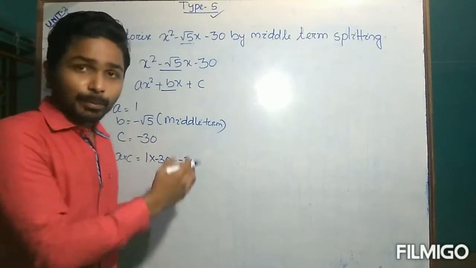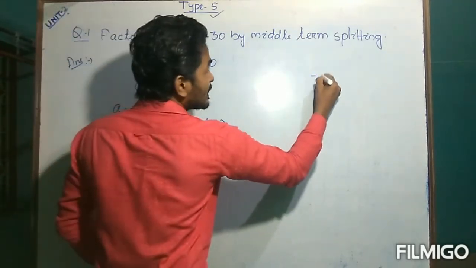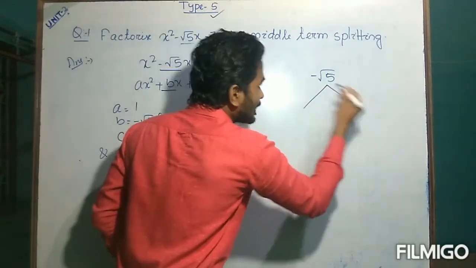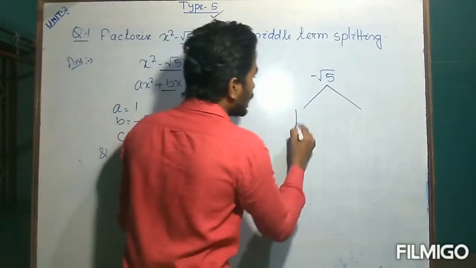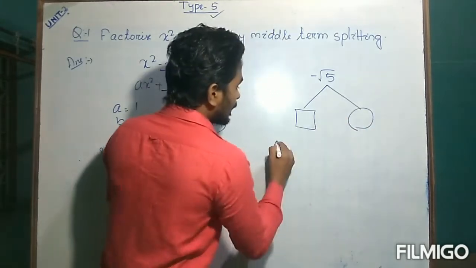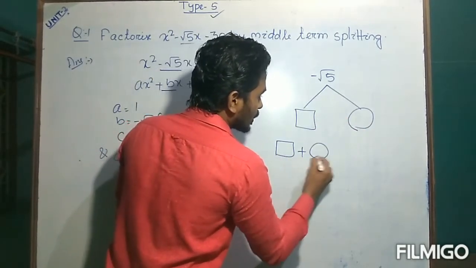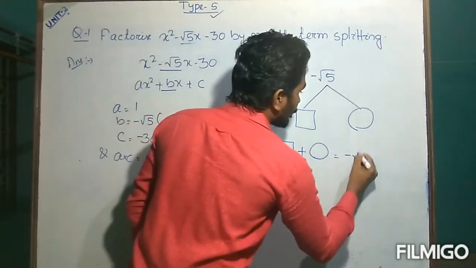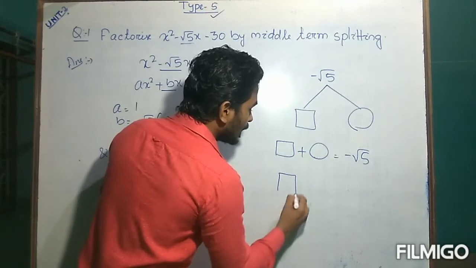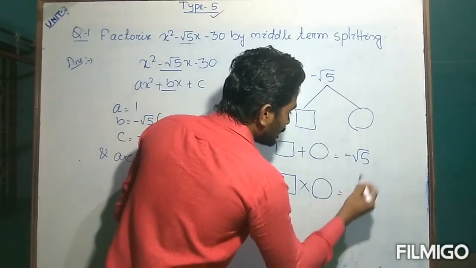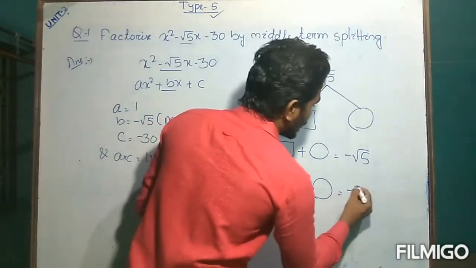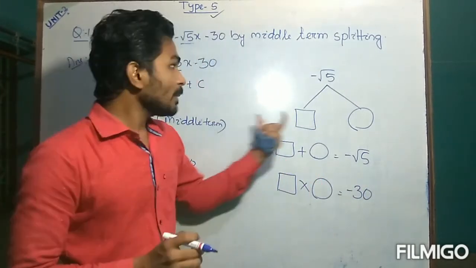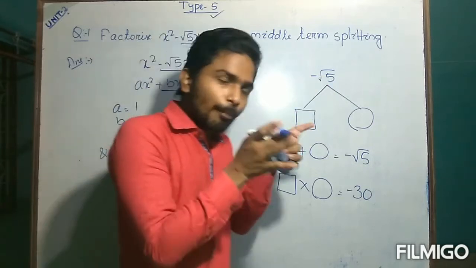We have to split this minus root 5 into two terms, such that their addition gives minus root 5 and their multiplication gives minus 30. Now it is clear. So we have to split this minus root 5 into two factors.